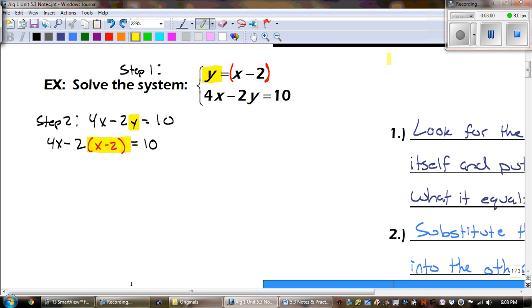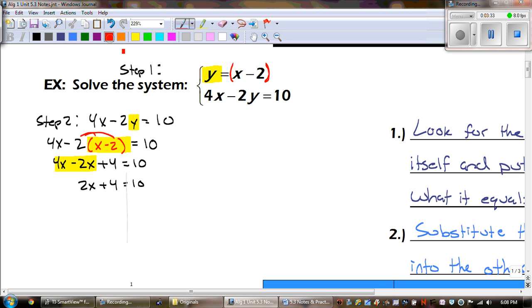Okay, so now we solve. Now to solve, we would want to distribute. So we have 4x, negative 2 times x is negative 2x. Negative 2 times negative 2 is a positive 4, and that equals 10. I would combine my like terms. 4x minus 2x is 2x plus 4 equals 10.